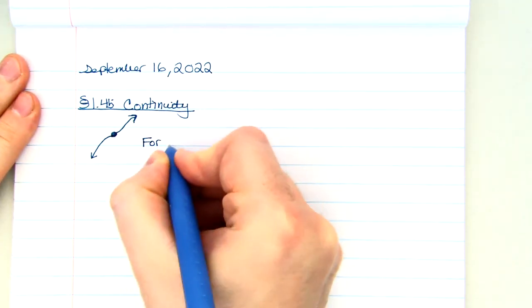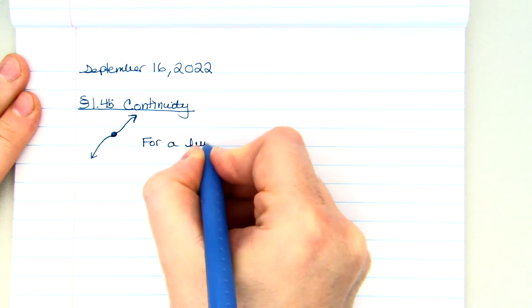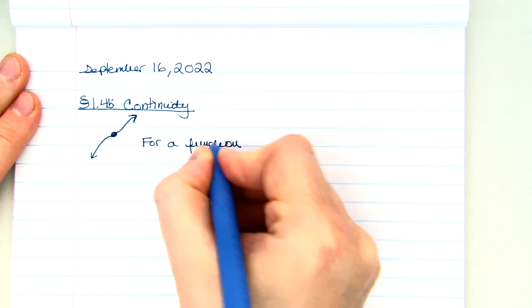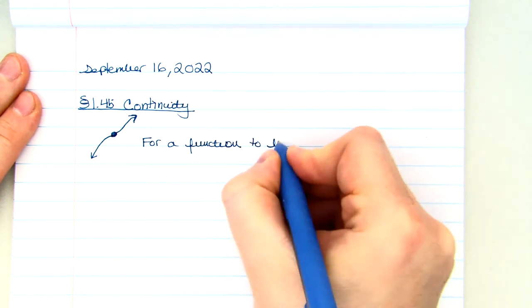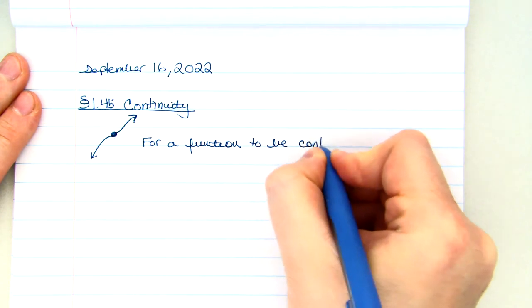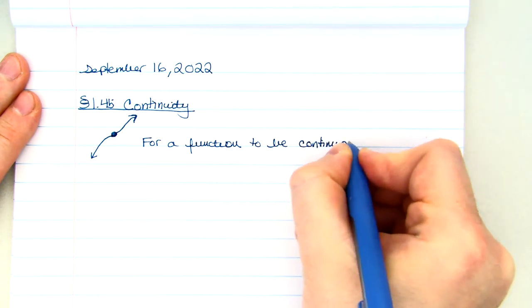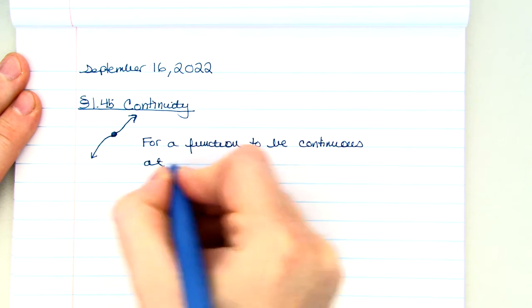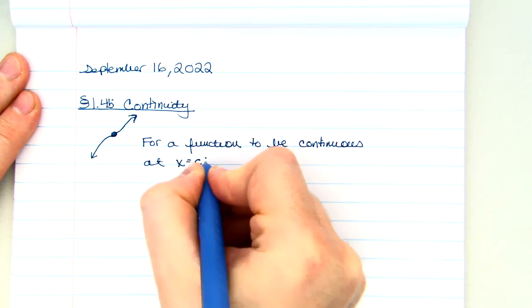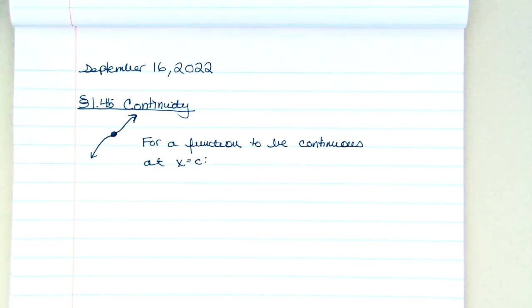For a function to be continuous at x equals c, what I'm approaching from the left has to equal what I'm approaching from the right, has to equal the value of the function right there.